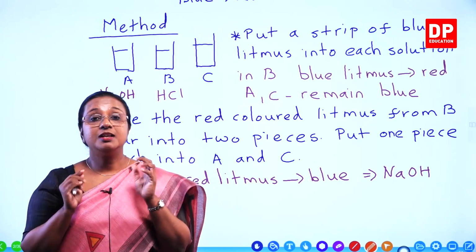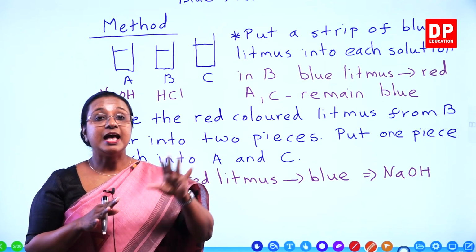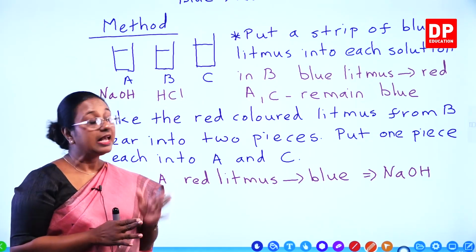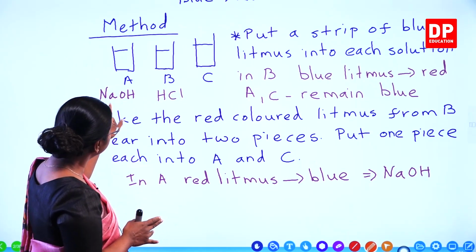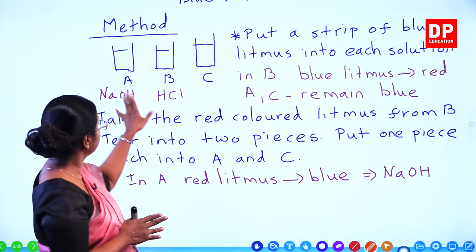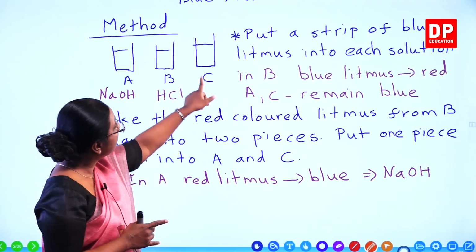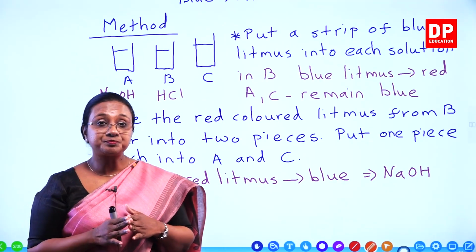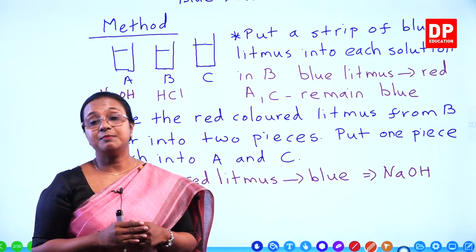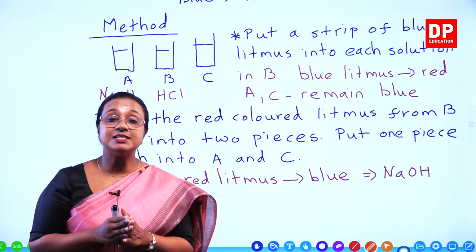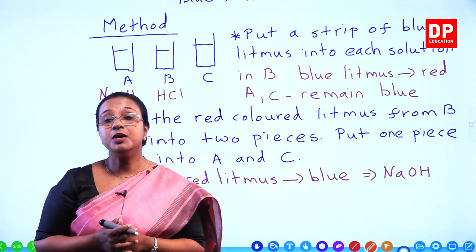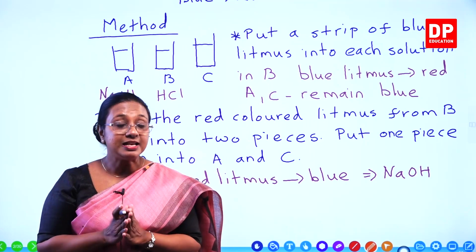You have to just tear it into two pieces and put each of those pieces into A and C. Inside A, if the red litmus becomes blue, that means that solution is NaOH. What will happen inside C? The blue litmus will remain blue, red litmus will remain red. That means it's a neutral solution. So that is sodium chloride. Is that clear to you all?